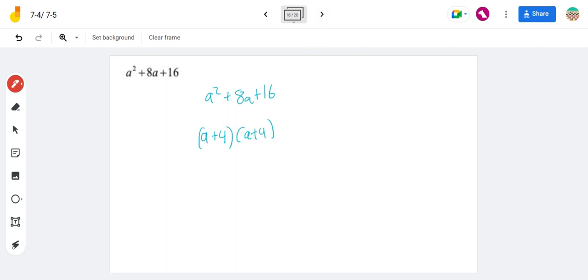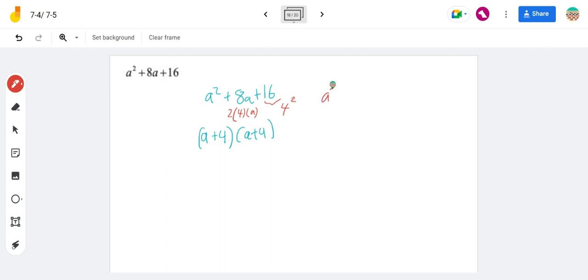Yeah, you see that the 16 is a perfect square, so it is 4 to the power 2, and the 8 you can write as 2 times 4 times a.